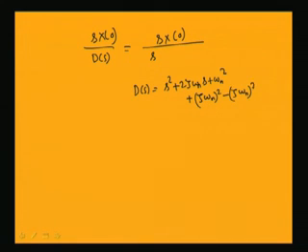So, this will be equal to s square plus 2 zeta omega n s plus zeta square omega n square. So, this will give rise to s plus zeta omega n whole square, and these two terms, omega n square minus zeta square omega n square, I can write this equal to omega n square into 1 minus zeta square.